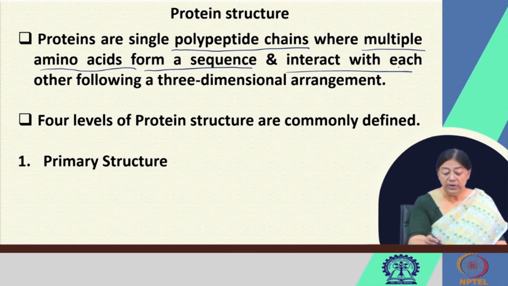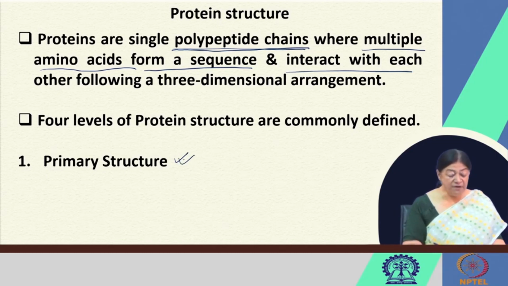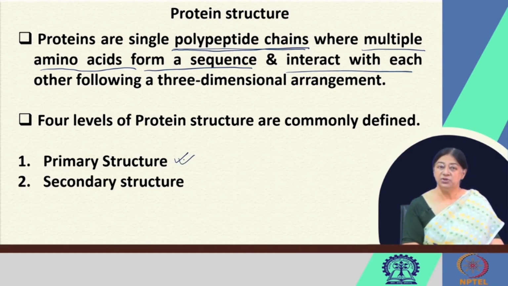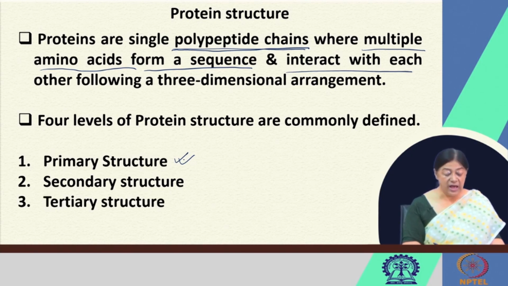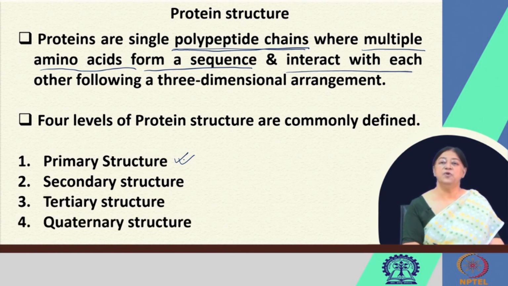For now, we know that we have a polypeptide chain linked by peptide bonds. That is what forms the primary structure. After this, we have the secondary structure, the tertiary structure, and the quaternary structure that is formed by some proteins, which we will see as we go along in the lectures.